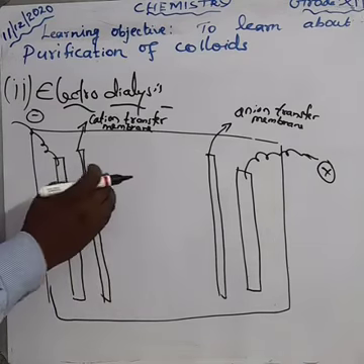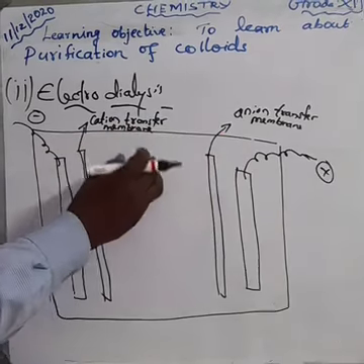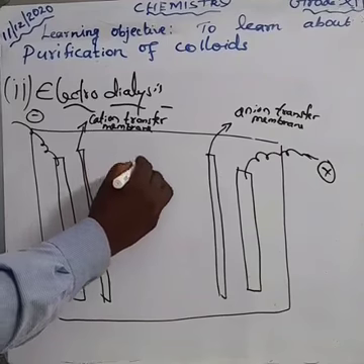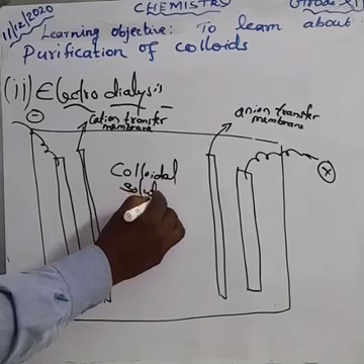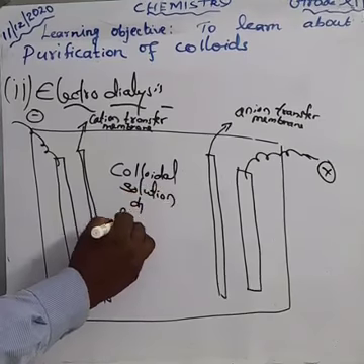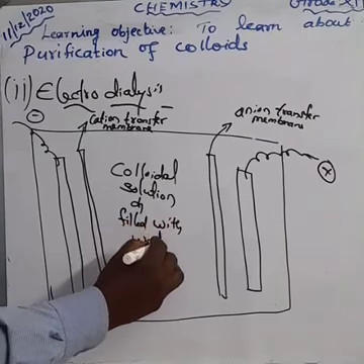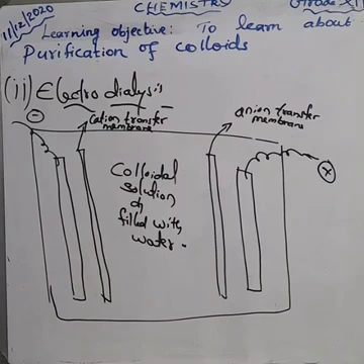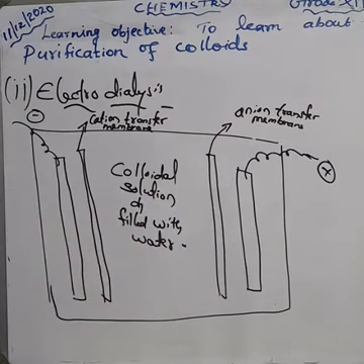This is one compartment, this is another compartment, and in between the gap we take the colloidal solution. Clear? One is a cation transfer membrane and the other is an anion transfer membrane.